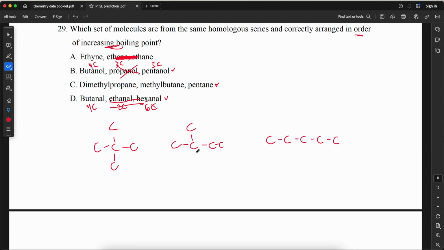Straight chain, 1 branch, 2 branches. The more branches, the less surface area, so the less London dispersion force. So the highest London dispersion force is the straight chain. Therefore, the boiling point increases from dimethylpropane to methylbutane and then pentane. The answer is C, and they're all alkanes.